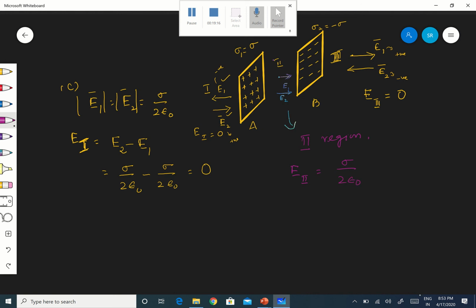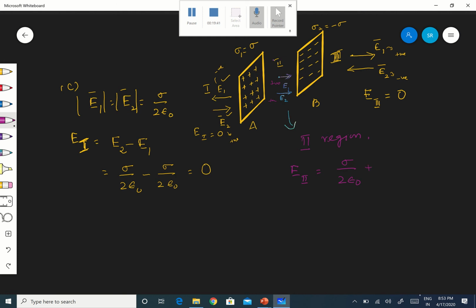Here you see only the direction. Left to right means positive. Right to left means negative. How do you decide whether it is left to right or right to left? Just keep a unit positive charge and see in which direction it moves; that is the direction of the electric field. I think we have seen these things many times already.